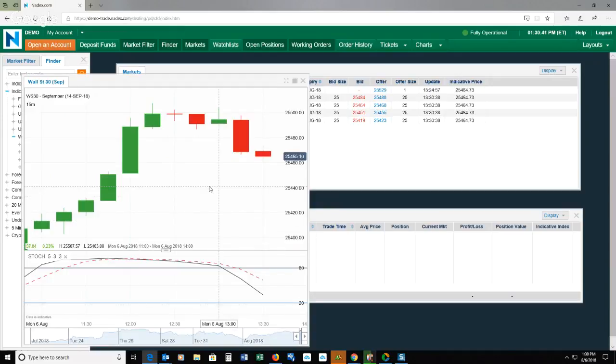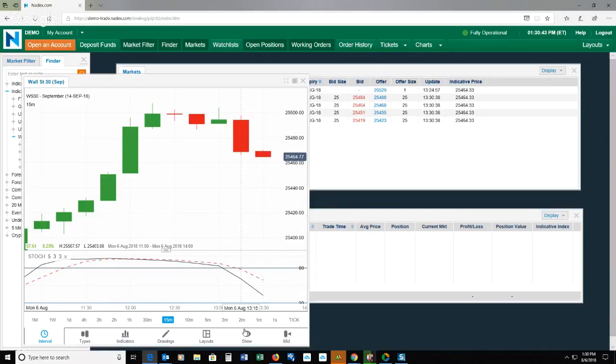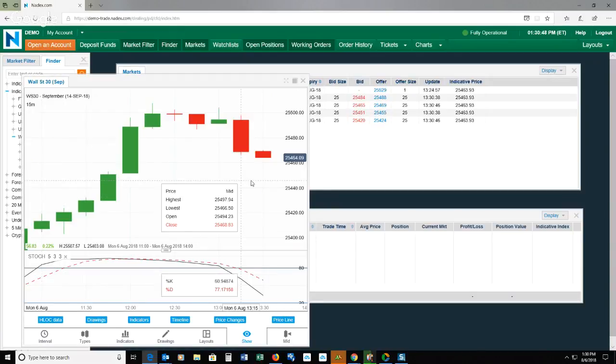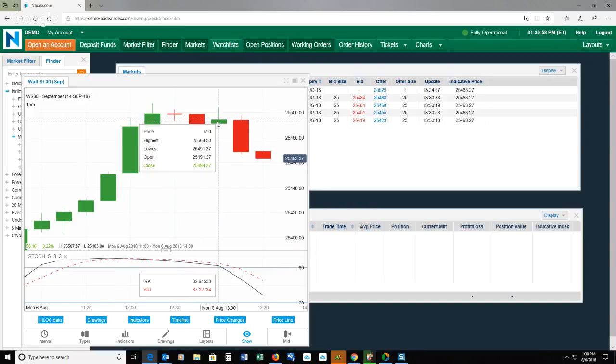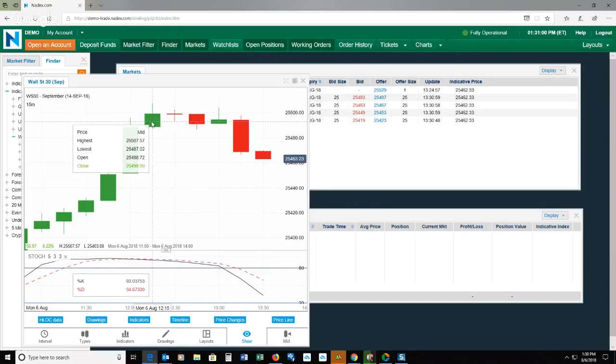But what I really want to do is actually see the high, low, and close data. So on this one, it's about 30 points. This is about 15, just about 15.